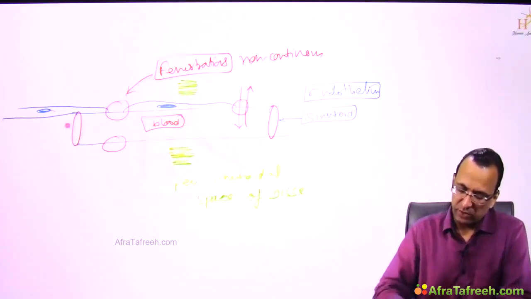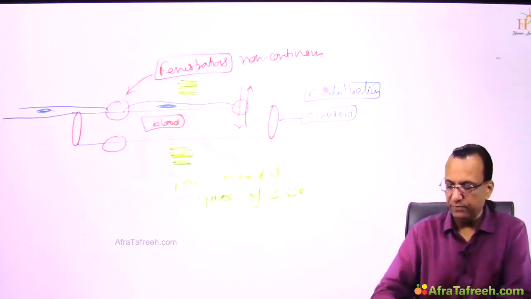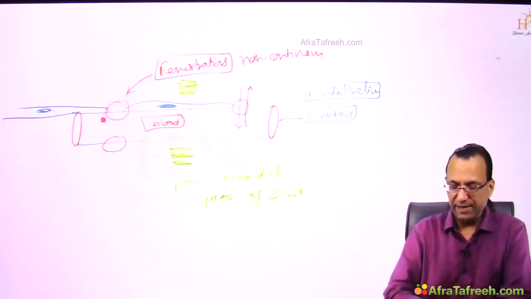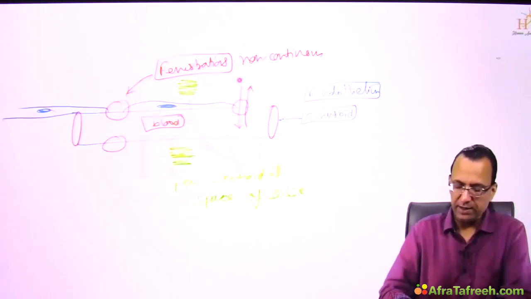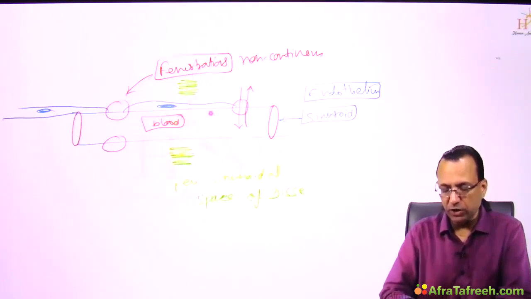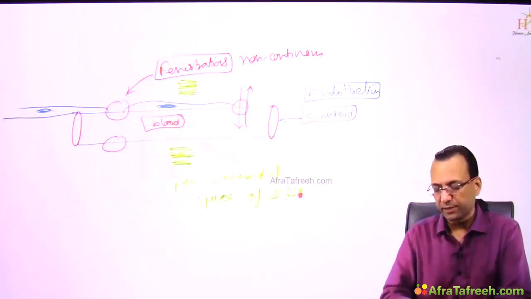First of all, this sinusoid is lined by some endothelium which has fenestrations. They are a non-continuous lining, and those fenestrations allow some fluid to pass from the blood into the perisinusoidal space of Disse.